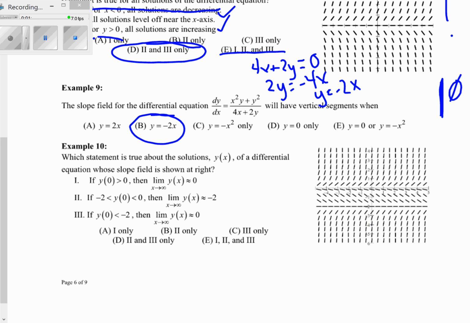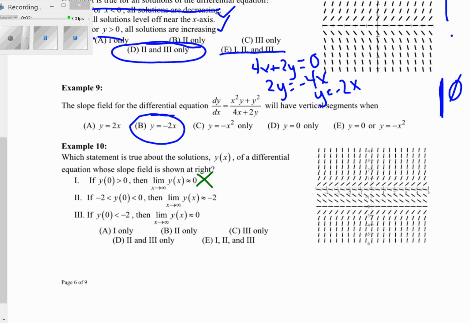All right, next, example 10. If y of 0 is greater than 0, so we're talking about somewhere in this portion, then the limit as x approaches infinity of y of x is 0. That's not true here, because as the x's get bigger, the y's get bigger.